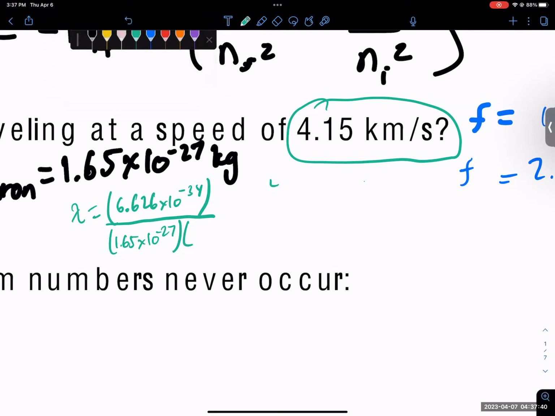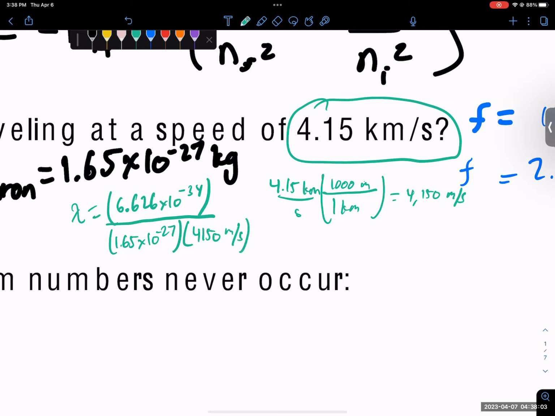There are 1,000 meters in 1 kilometer, so this would be 4,150 meters per second. Now it's just a matter of plugging everything into your fancy calculator.